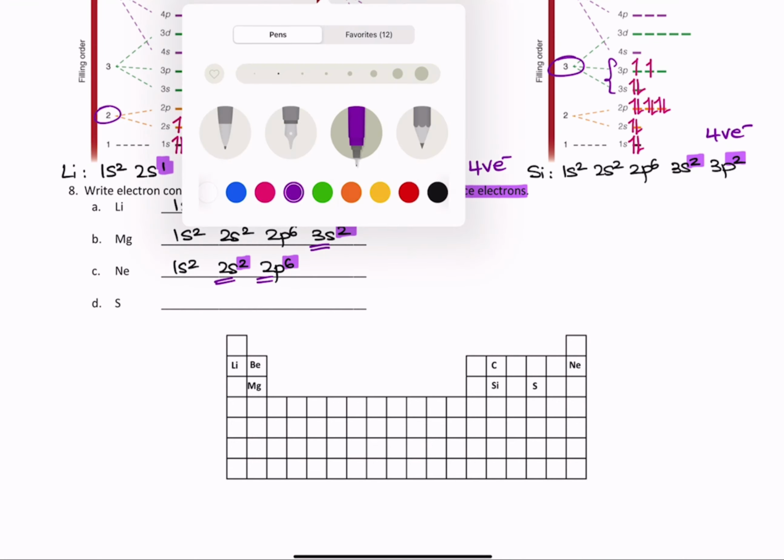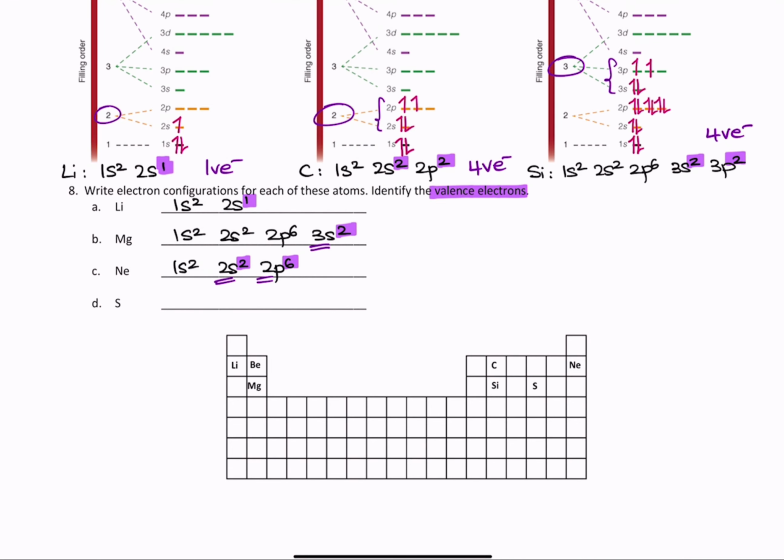And if I do sulfur, sulfur has 16 electrons, 1s2, 2s2, 2p6, 3s2, 3p4. The outermost energy level is 3. I have the 3p and the 3s, so these electrons, the 2 in the 3s and the 4 in the 3p, are valence electrons. Lithium has therefore 1 valence electron. Magnesium has 2 valence electrons. Neon has 8 valence electrons, and sulfur has 6 valence electrons.